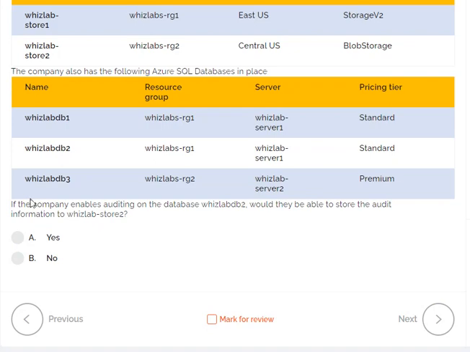Another question: if the company enables auditing on the database db2, would they be able to store the audit information to store 2? This db2 is on server 1, which is in East US.